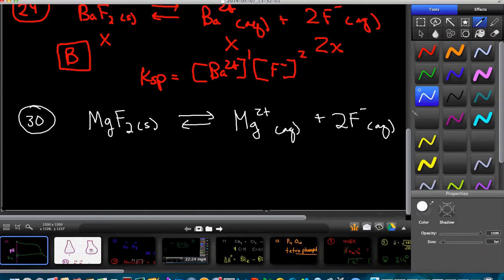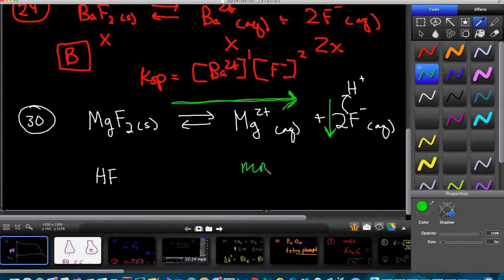And to this we're going to add HCl, which is going to be H+. The H+ will be taken up by the fluoride to make HF. HF is a weak acid. It does not dissociate well. So the overall effect is I'm going to decrease F-, and Le Chatelier's principle says we should shift the equilibrium to the right, which means more will dissolve.